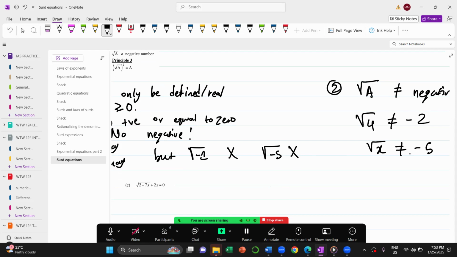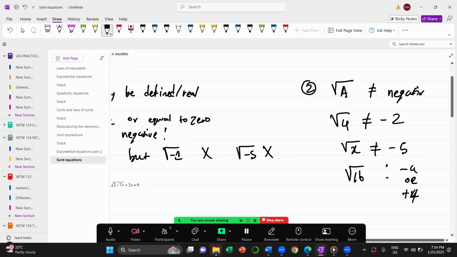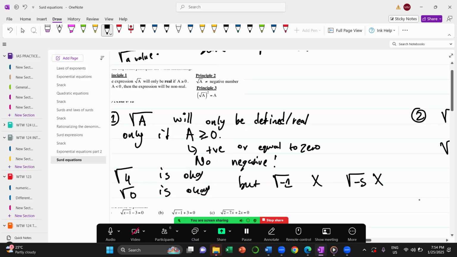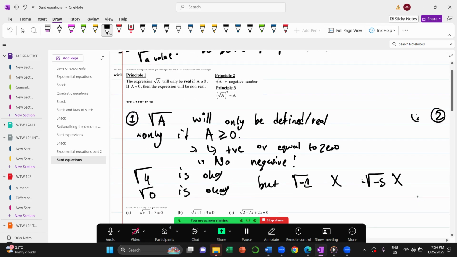Say the square root of 16 in your calculator. Are you going to get -4 or +4? Positive 4. So the value under the square root must always give you a positive answer, right?